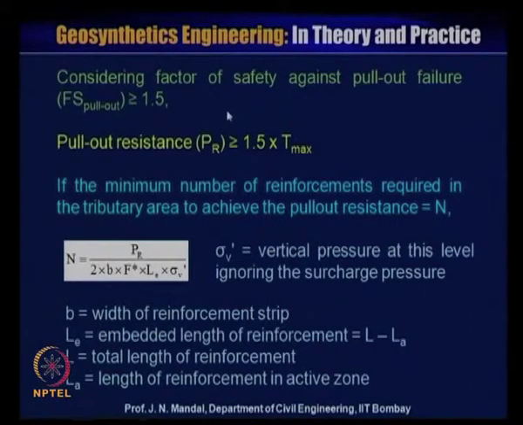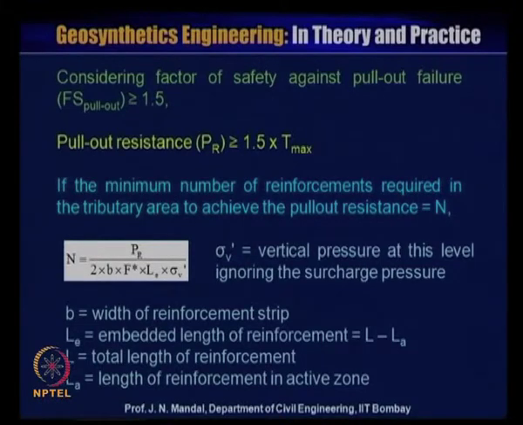Now, considering the factor of safety against pull out failure, it should be greater than or equal to 1.5. So, pull out resistance PR would be greater than or equal to 1.5 into T of maximum.